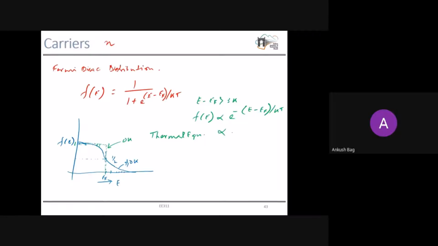So this is the approximation when the operating temperature gives 3 kT.